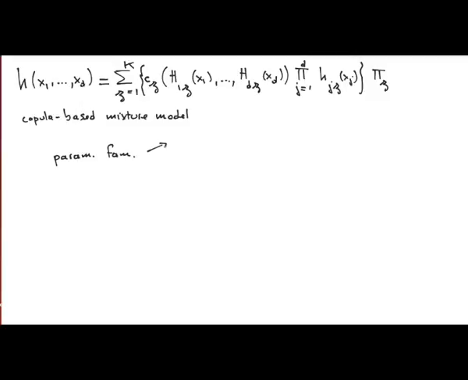There are K choices for the CZ, and there are D times K choices for the HJZ, which in total gives K plus DK choices to make. So admittedly, this is not very convenient for the practitioner of statistics.